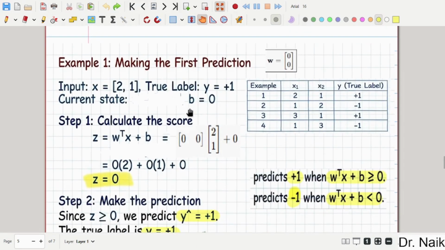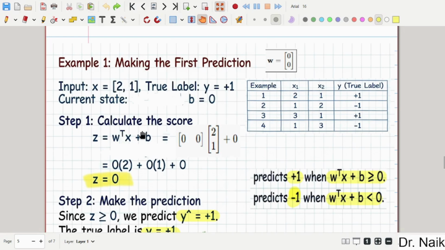Now consider the first example, example 1 with features 2, 1 and label +1. So the input vector x is a column vector with first entry 2 and second entry 1, and its true label is +1. We initialize the weight with the column vector 0 and 0 and bias as 0.